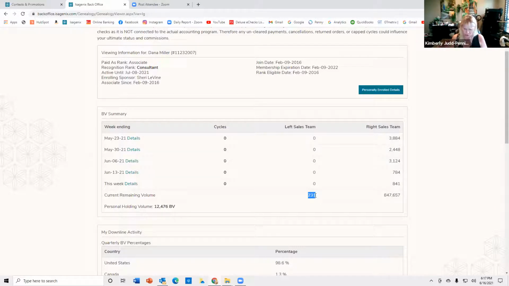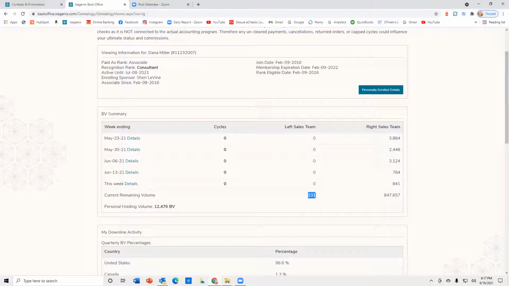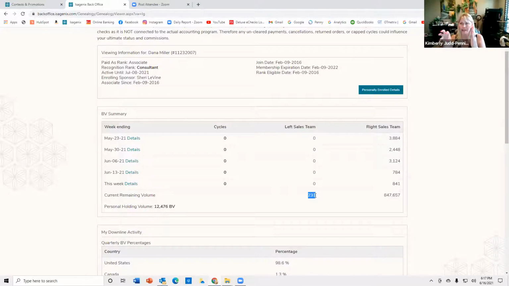So add those two, you should get 12,707. Now, you know that anytime you get 300 on one leg and 600 on the other leg, you cycle and make $54, right? Right. Isagenix will always take the 600 from the biggest leg, which in this case is this one.